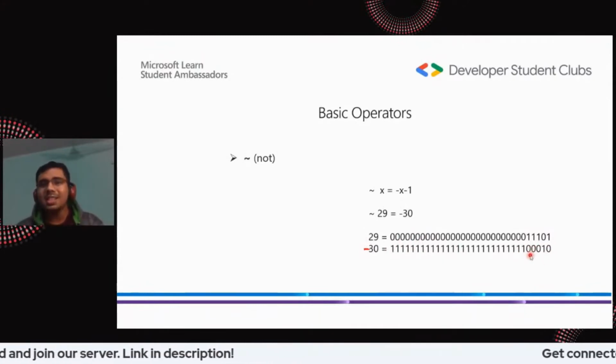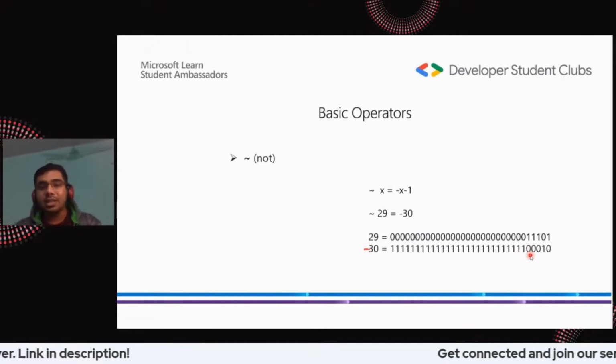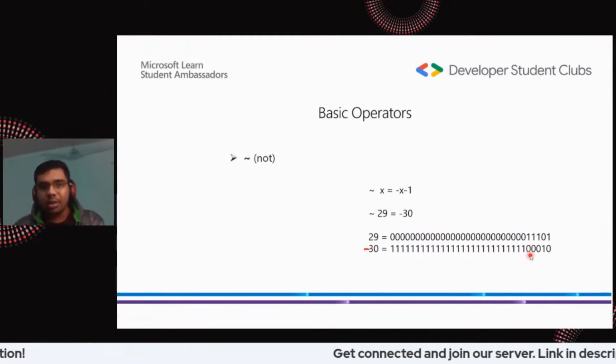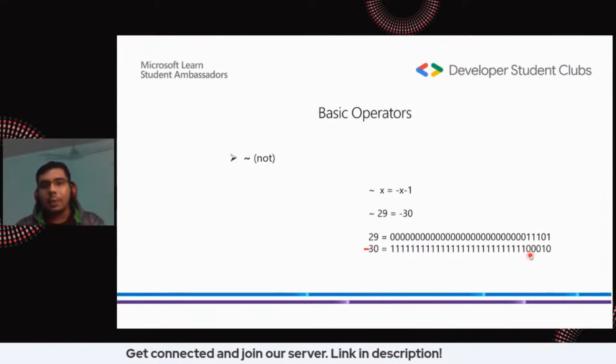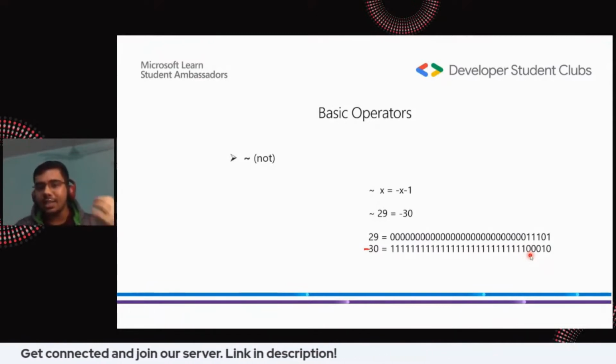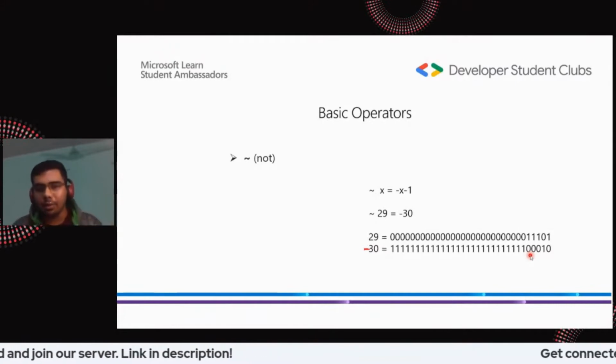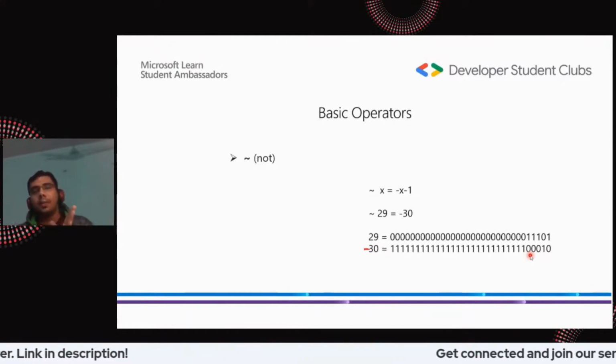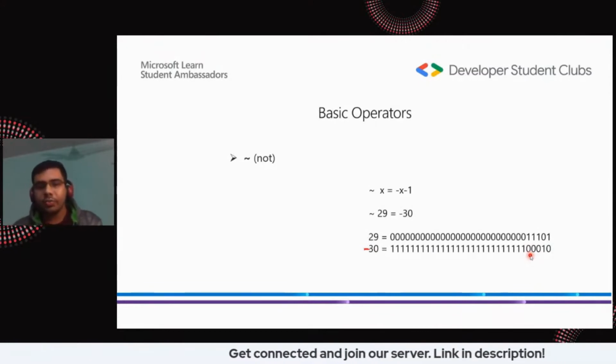This is the thing that happens behind the NOT operator. It's not simply changing 0 to 1 and 1 to 0, but it changes the number in the sense that when we do a NOT of a number, it gives you minus x minus 1, that is, minus the number minus 1.